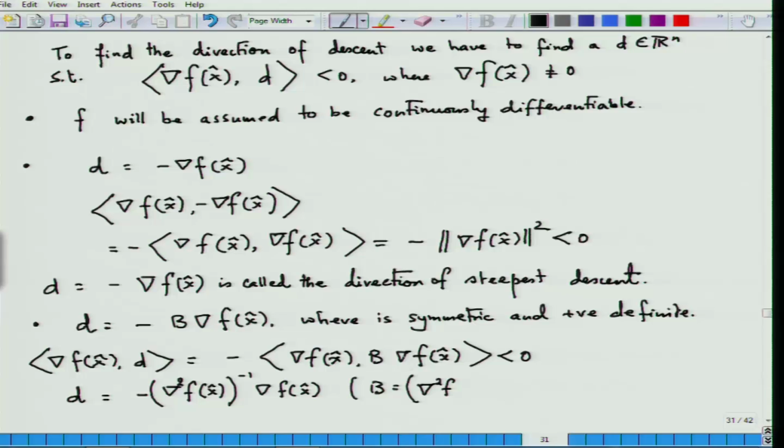Now B is symmetric positive definite, so we had this, but if say the Hessian matrix itself is positive definite at x hat, then the inverse is also positive definite. So when d is taken in this way, this is called the Newton iteration. And Newton iteration would lead to Newton's method, which is a very important class of methods which we will study in detail.